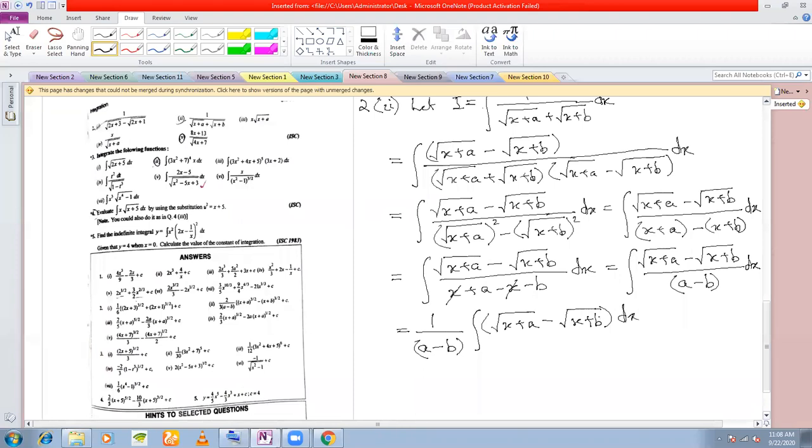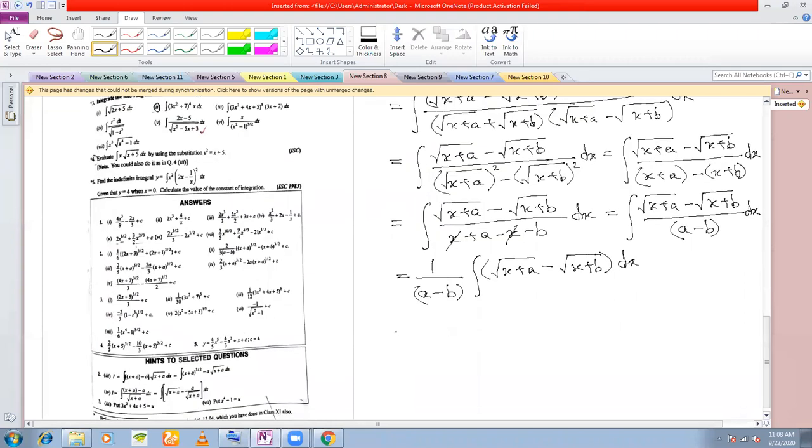Because 1 by a minus b is a constant, so I take it out of the integration. So what am I left with here? 1 by a minus b. And then I'm left with, I'll distribute the integration. Integration root x plus a dx minus integration root x plus b dx.